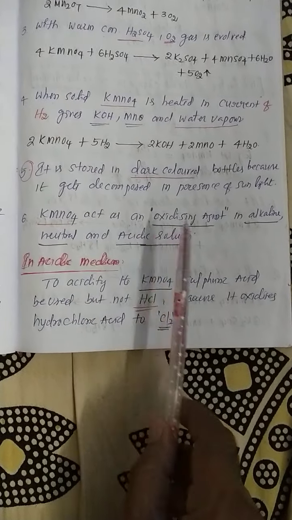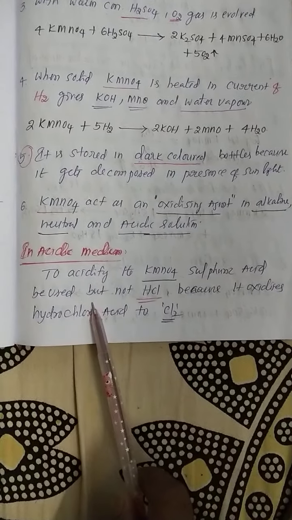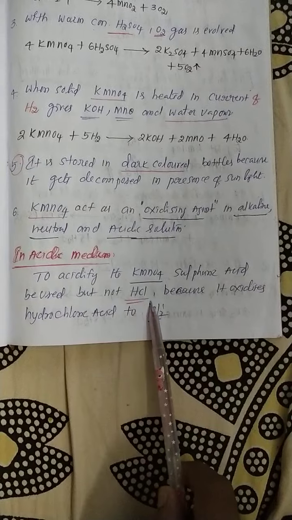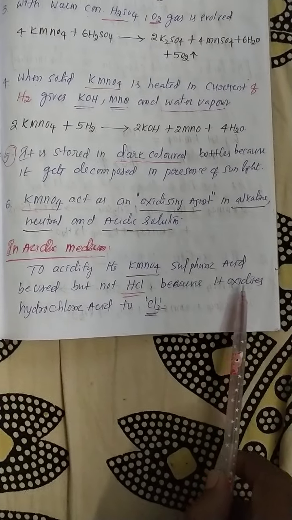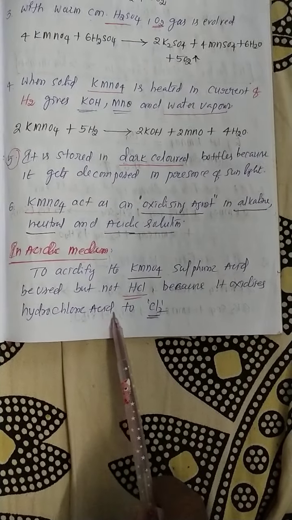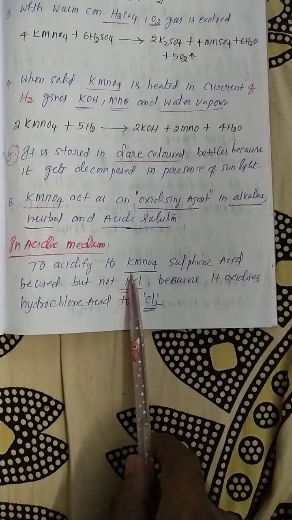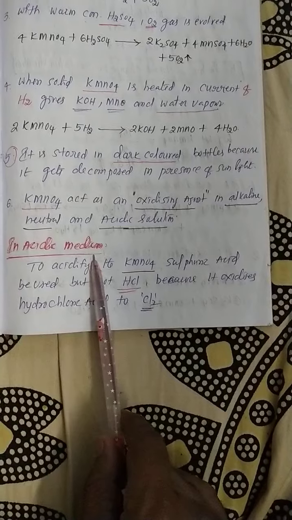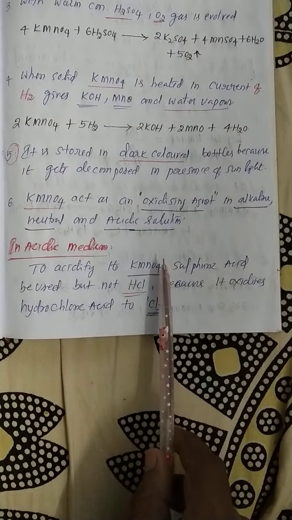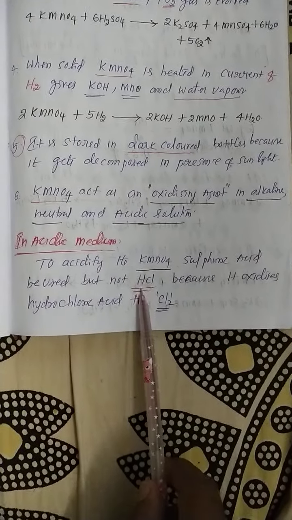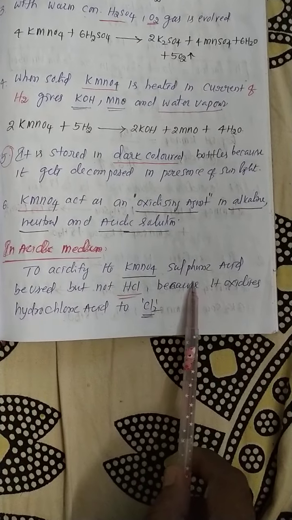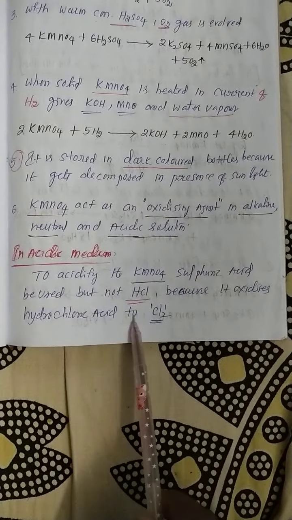In acidic medium, KMnO4 is used with sulfuric acid only but not hydrochloric acid, because it oxidizes hydrochloric acid to chlorine gas. That is the reason that for KMnO4 in the acidic medium only sulfuric acid is used, not HCl. If HCl is used, it is directly converted into chlorine gas.